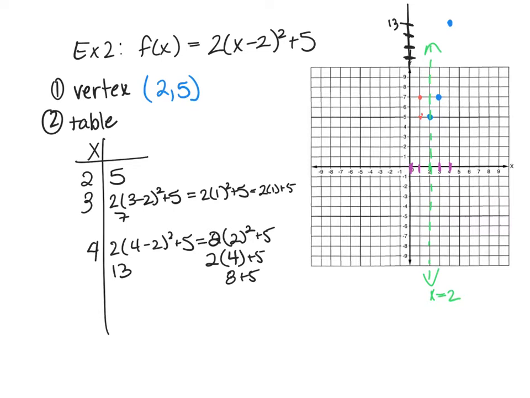This is our reflected point. And then this point up here is 2 away from the vertex. And so we're going to go 2 away, so that'll be on the axis. And if we actually plugged in 0 and 1, we would get 13 and 7. And you can check that as well. And then we'll connect it to make our parabola.